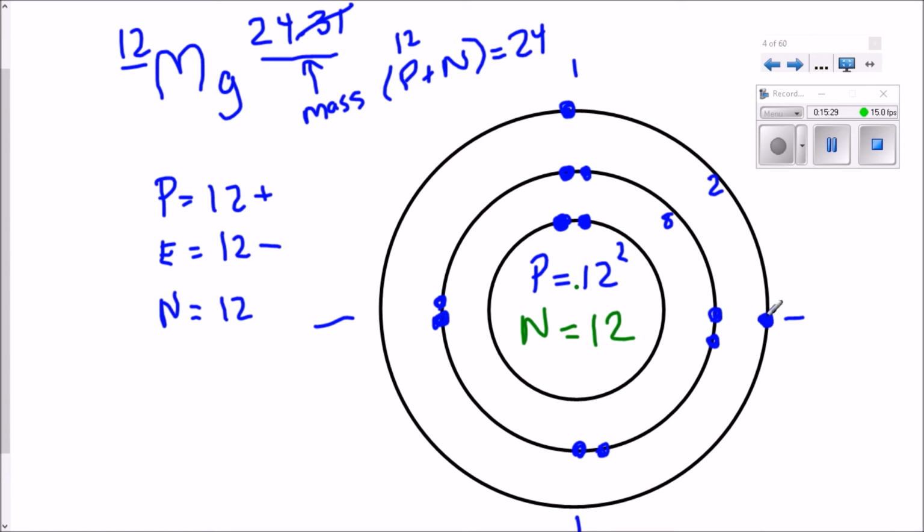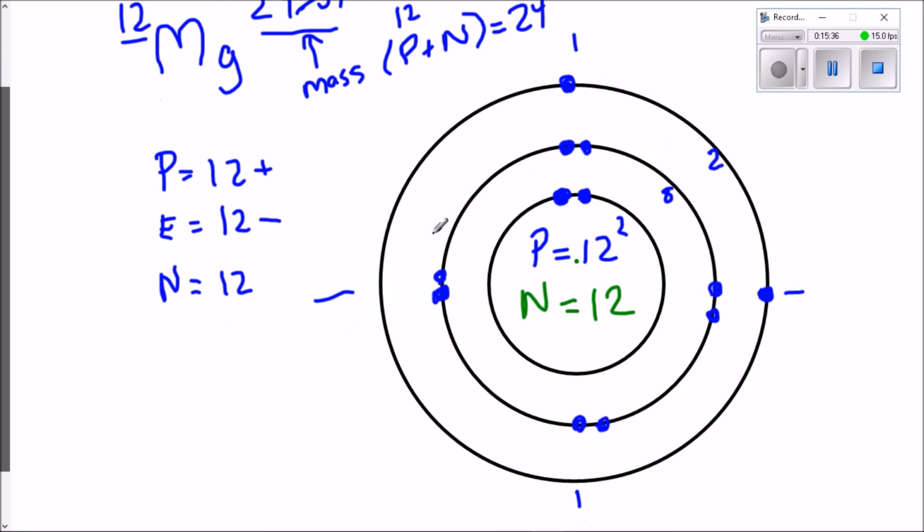We are going to learn that electrons like to be in pairs. So this electron here and this electron here are the most active electrons. Now, the ones on the inside are not active because they're all paired up and stable. Now, the outermost electrons, the ones in this shell right here, are known as valence electrons. So electrons in the outermost shell are the valence electrons.